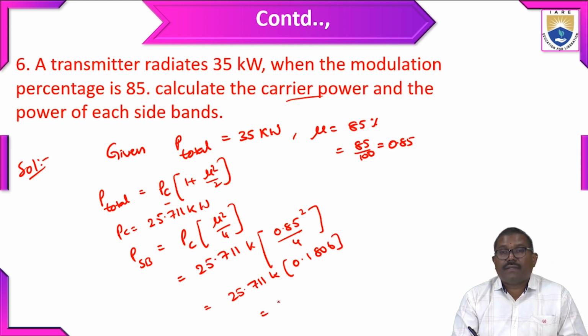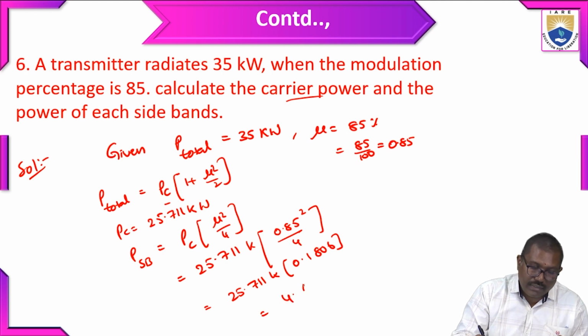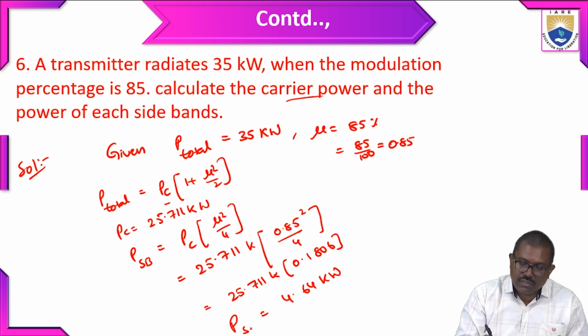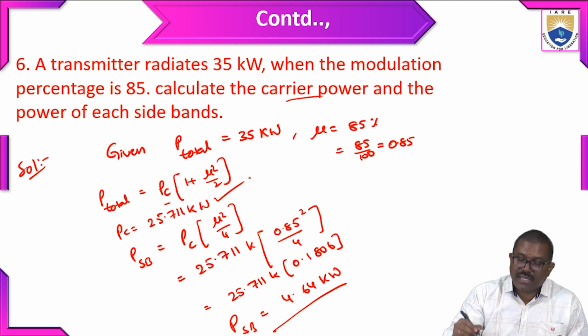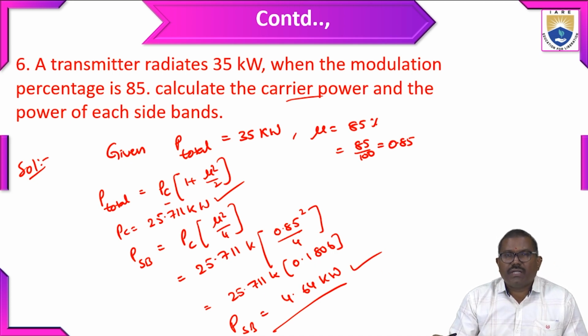And finally, the sideband power is 4.64 kilowatt. So this is the sideband power. So one is the carrier power and another one is the sideband power.